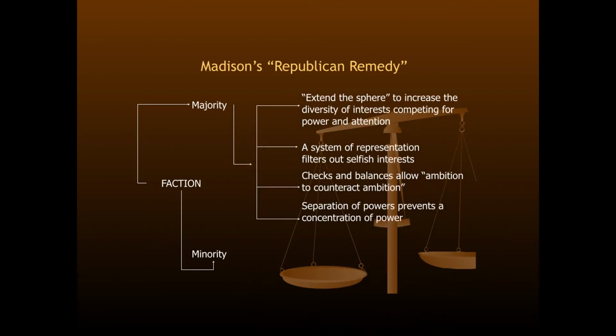And so what he sought to do as they wrote the Constitution was to extend the sphere to increase the diversity of interests competing for the power and the attention of the government. They also wanted to create a system of representation which filtered out the selfish interest.